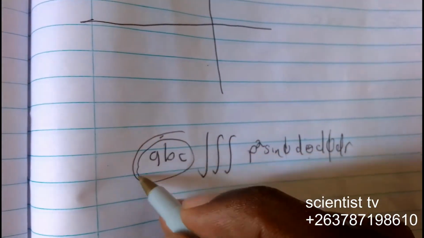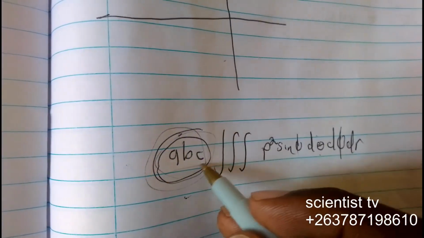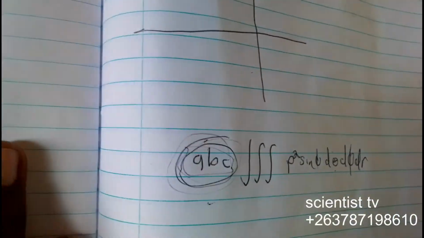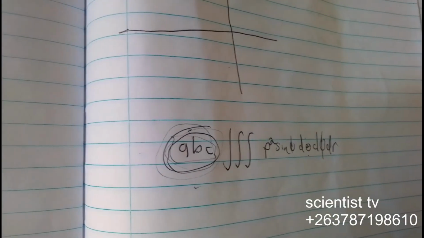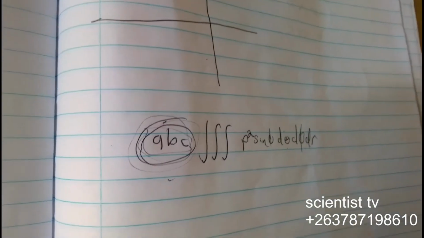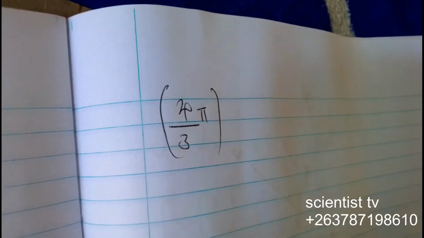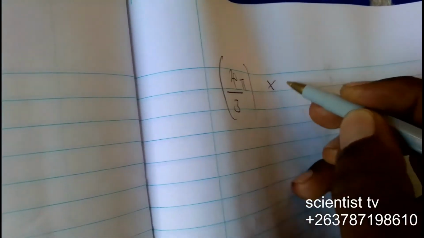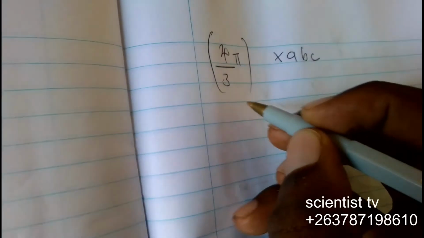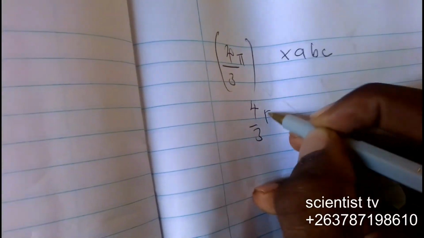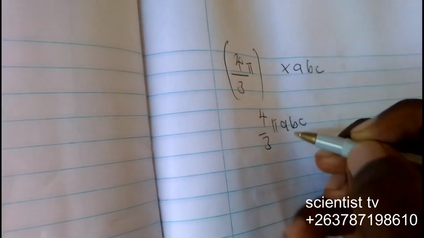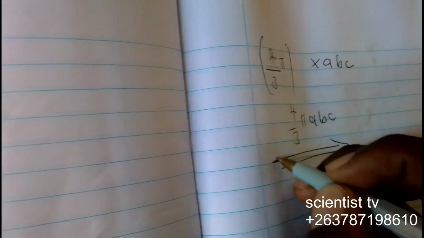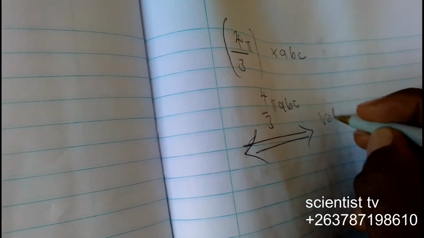These were constants, so that's why we factored them out and didn't consider them. So no worries. Here we simply multiply by a b c, so this becomes 4 over 3 pi a b c, and that's the volume of your ellipsoid.